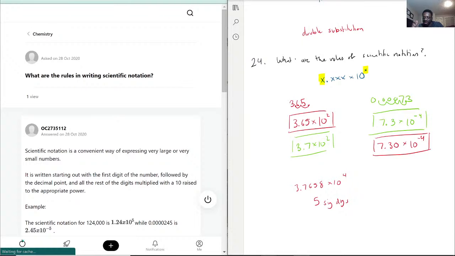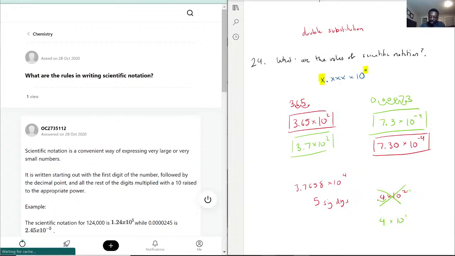If you have something like this, 0.4 times 10 to the 2, this is not scientific notation, because it has no number before the decimal. So what you actually have to do is move this over 1, and because you moved it to the right once, it's going to be -1, so it's going to be 4 times 10 to the 1.